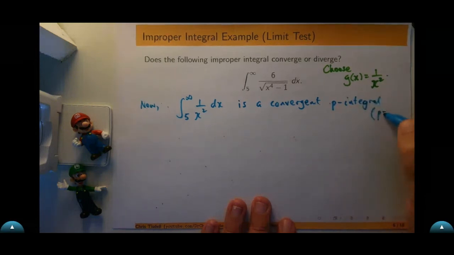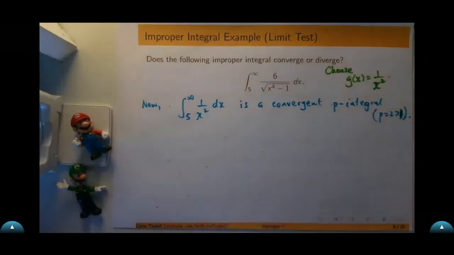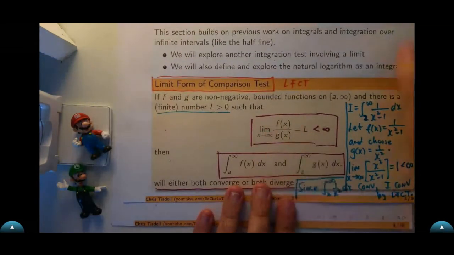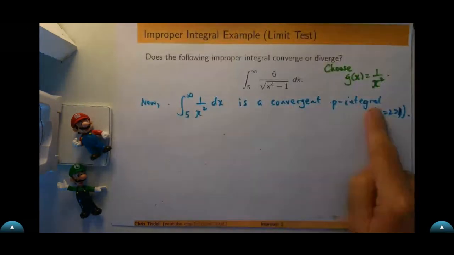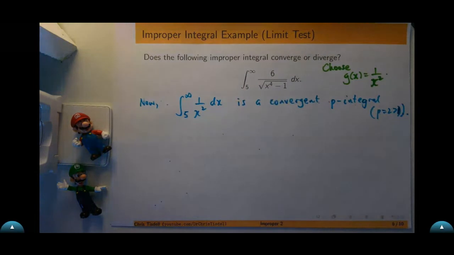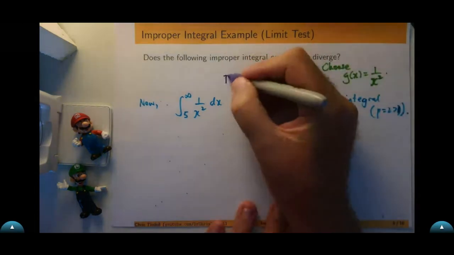Right? Oh, greater than 1. Okay. So we know that if this limit is finite, then whatever this does, this has also got to do. So if I just call that, say, I.